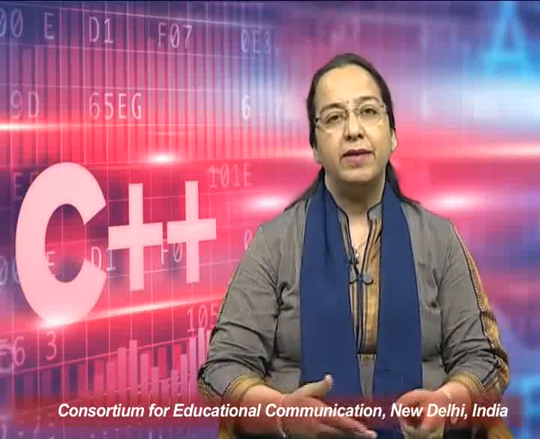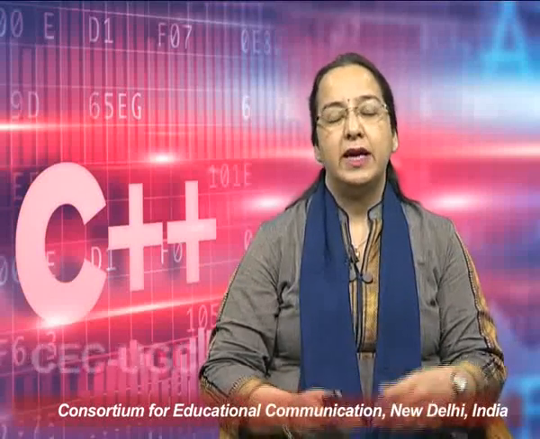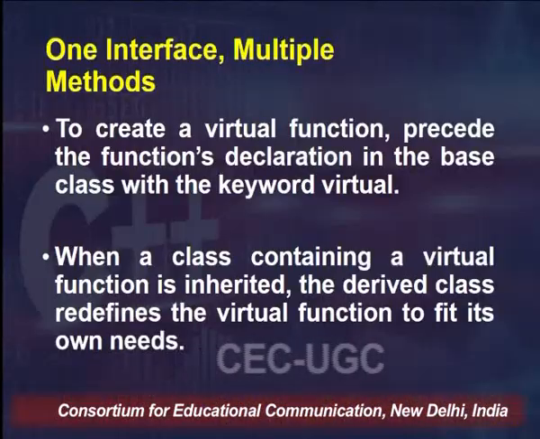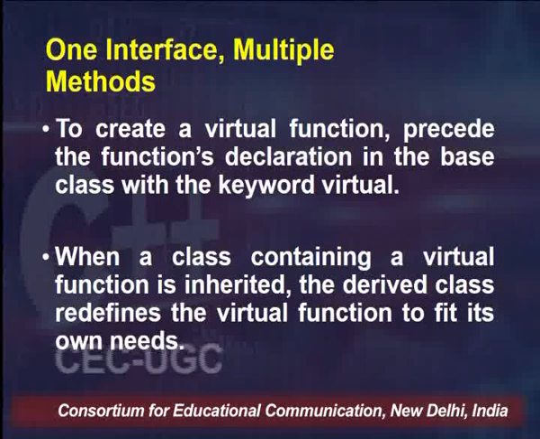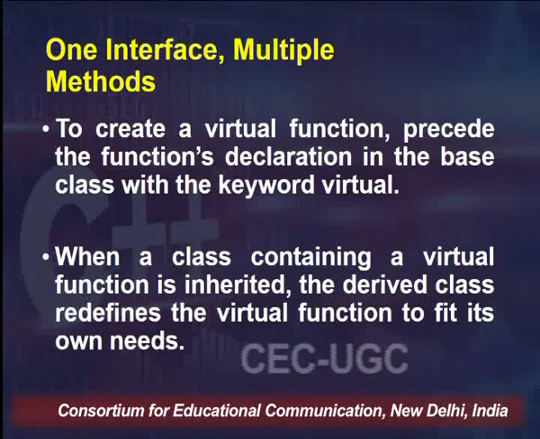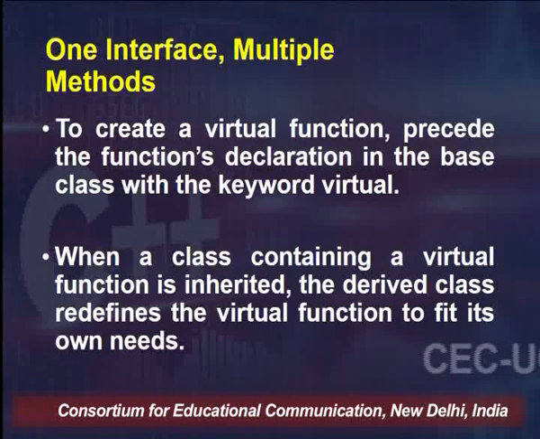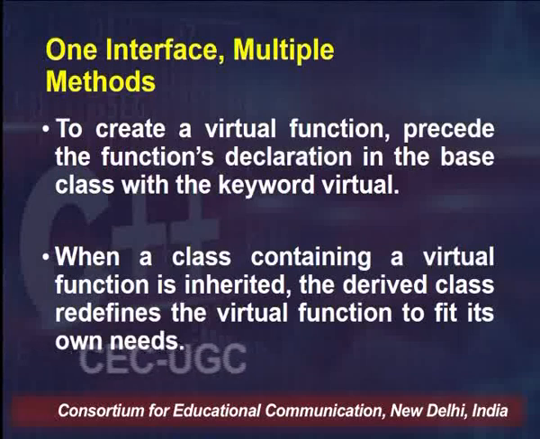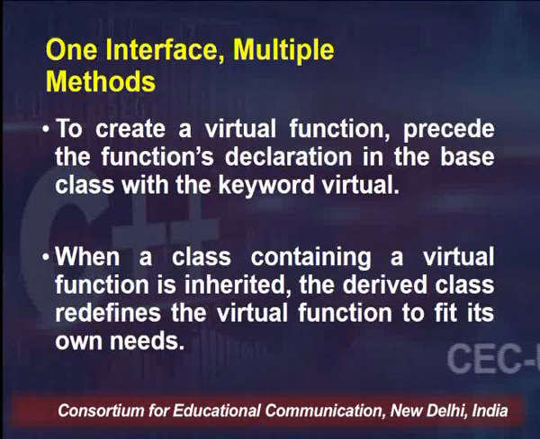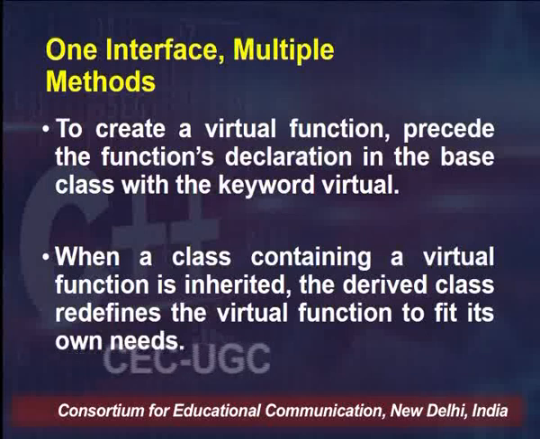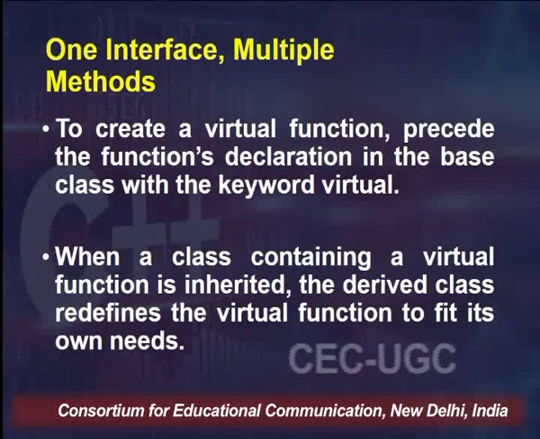So what are we trying to do here? As I have told you, we have one function show in the base class as well as in the derived class, with the same prototype but different definition. One function show within the base class has one task, and the function show within the derived class has another task, but the prototype is exactly the same.